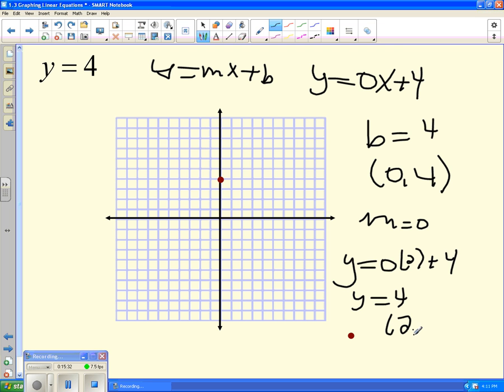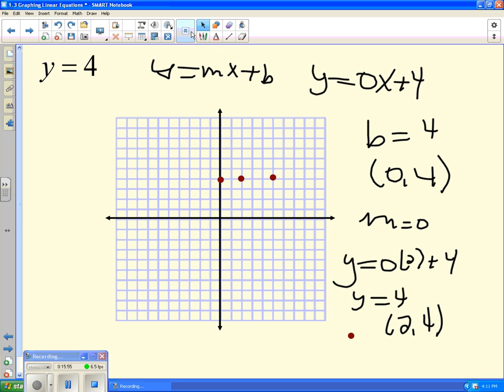It turns out no matter what I pick for x, it's going to get multiplied by 0, it's going to go away, and the y value is always going to be 4. So let's say if x is 2, y is 4. If x is 5, y is going to be 4. So here, no matter what I pick for x, my y value is always 4.